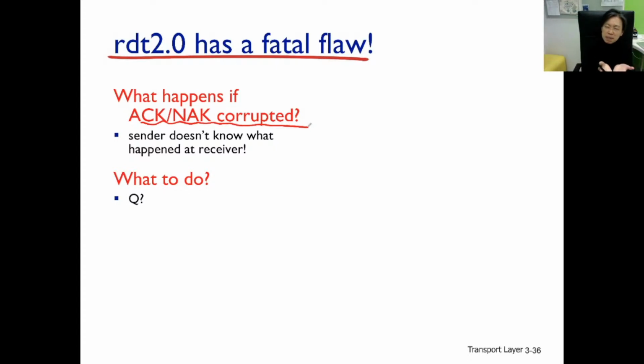Then the sender will not know whether it's really an ACK or a NACK. So, wow. Should the sender retransmit, or should the sender say, okay, I'm just going to wait for another call from above? Dilemma. So what do we do with this?